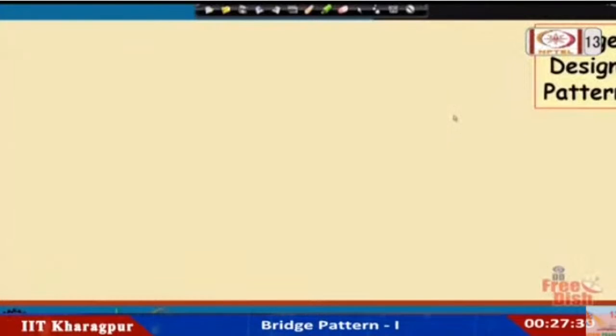Welcome to this lecture. In the last lecture, we had just started to discuss the bridge pattern. The bridge pattern is an extremely useful pattern, helps to simplify the design, makes it more maintainable, extendable, and is a very popular pattern.